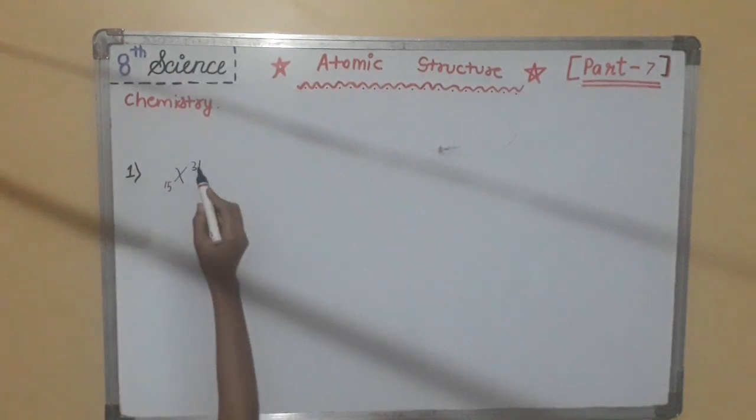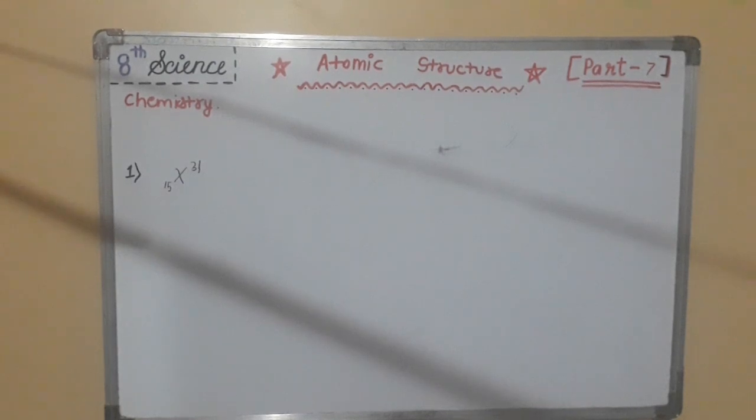We don't know the element, so we have represented it as X. The first question they are asking is, how many protons, electrons and neutrons does it contain?